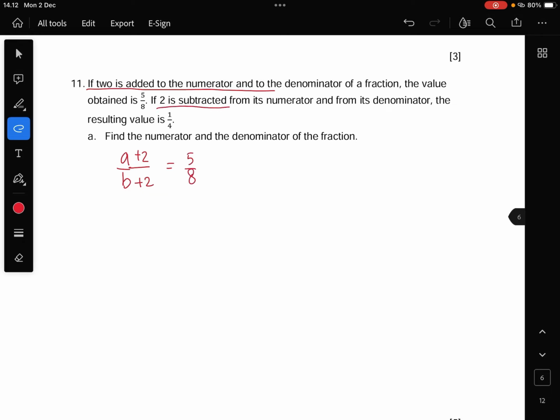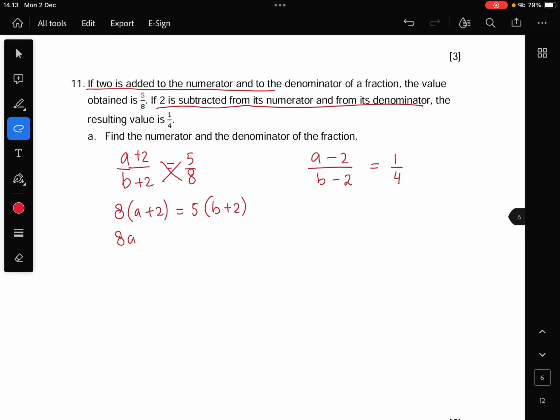If 2 is subtracted from its numerator and denominator, so the other equation is going to be a minus 2, b minus 2, then the result is 1 over 4. So we need to do the cross multiplication first, guys. 8 multiply with a plus 2, 5 multiply with b plus 2.